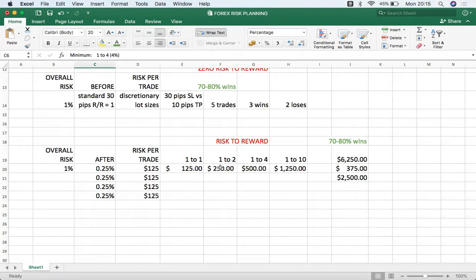I lose 3 trades, so I'm down 125 times 3, and if I do my math, because guys, I like to use my calculator. I'm not excellent at mental math. So that's $375. I'm losing $375 on 3 trades. But if I take 3 consecutive trades at a risk to reward of 1 to 4, I'm gaining $1,500.